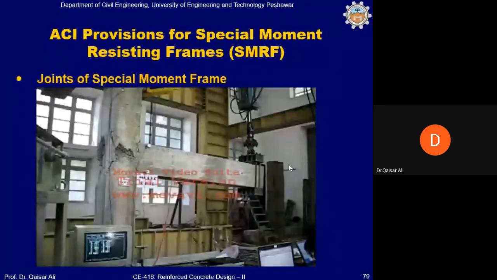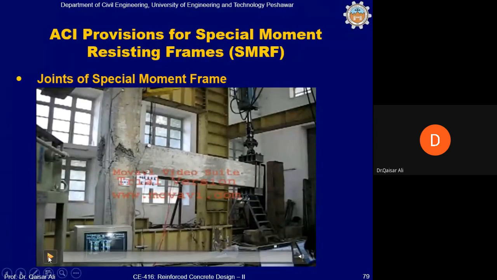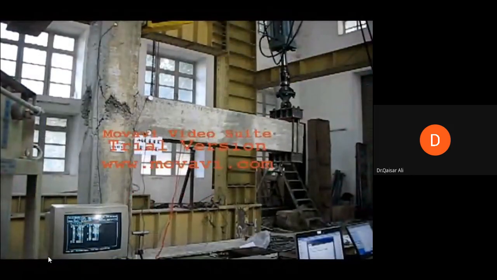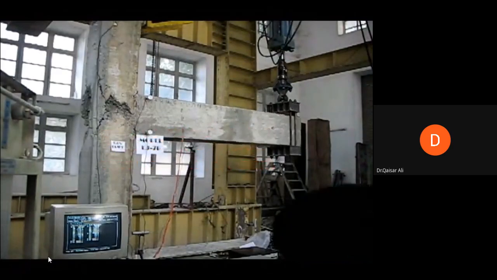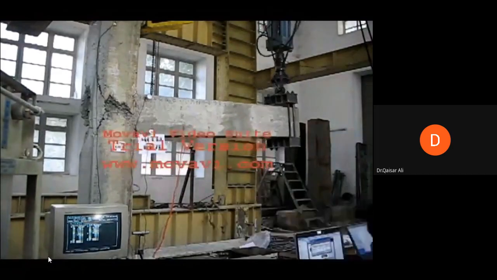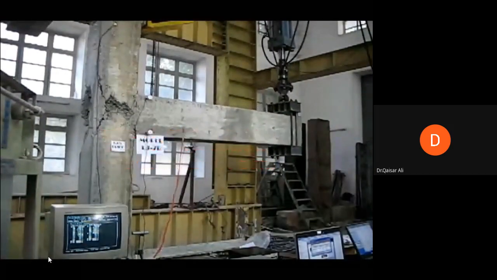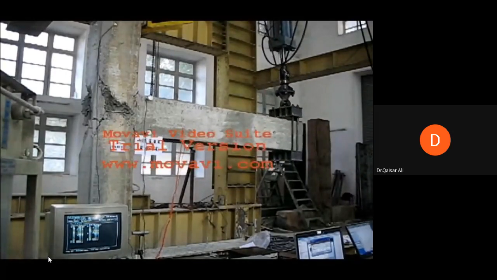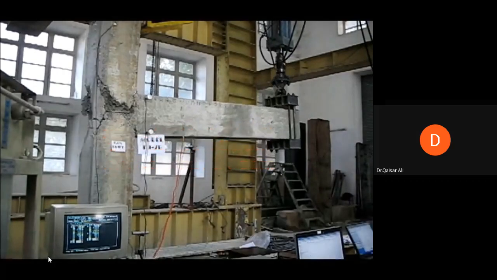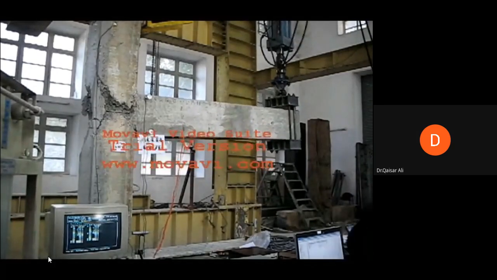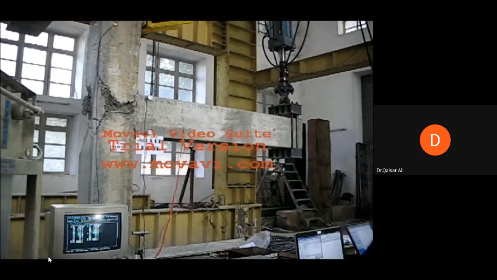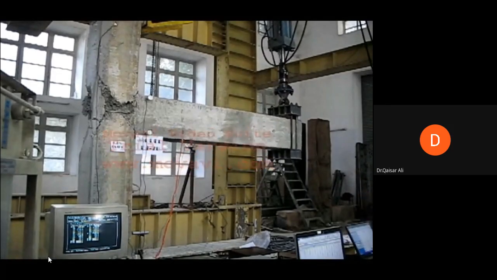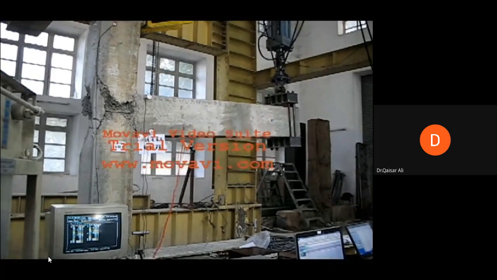This is one of the video. Let's see this video. You can see this is a test on the beam column joint. This was a research on evaluating the capacity of the joint in PhD research work.